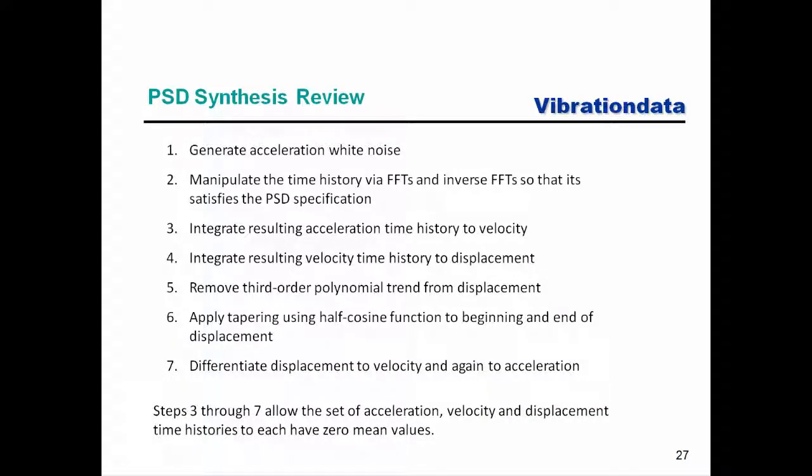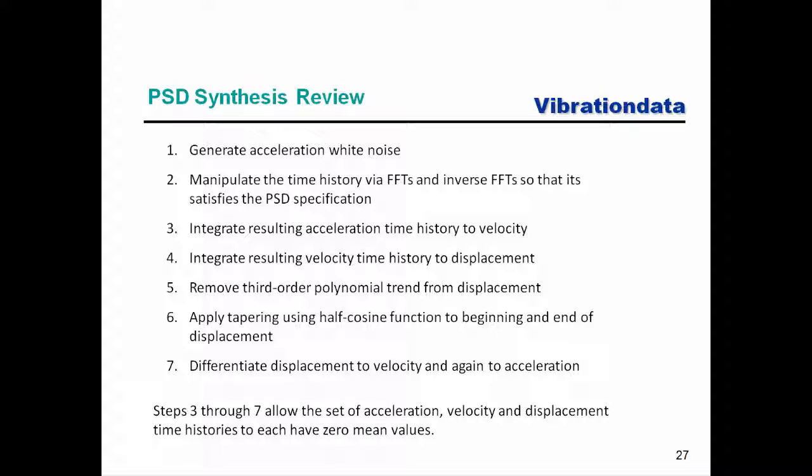So the process was that we start off by generating a white noise time history. Then we manipulate that time history via fast Fourier transforms and inverse fast Fourier transforms so that it satisfies the PSD specification. Well, that's all well and good, and perhaps most people doing this would just stop at step 2. But if we just took that acceleration time history from step 2 and integrated to velocity, we'd have an offset, a baseline shift.